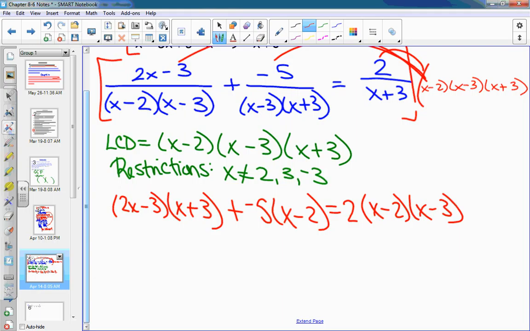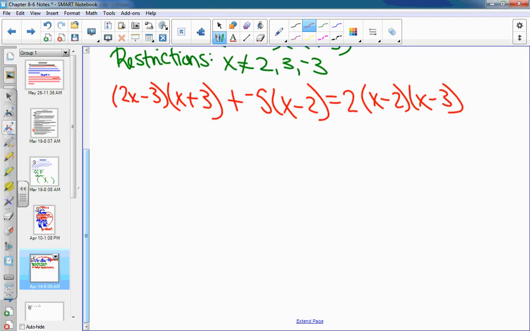So just like in the last example, what am I going to do next? I'm going to FOIL or distribute where necessary. So if I FOIL the very first two parentheses there, I get 2x squared plus 6x minus 3x minus 9. All I did was FOIL: first, outer, inner, last.